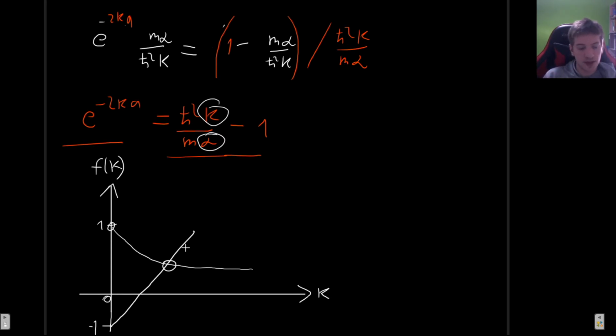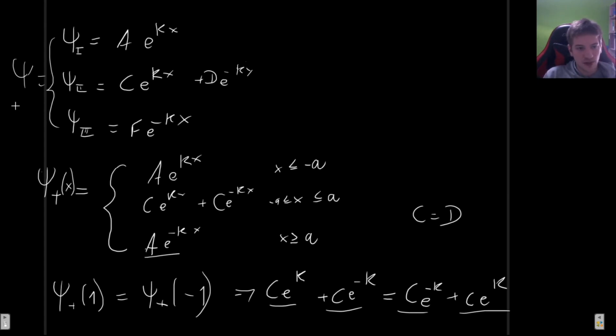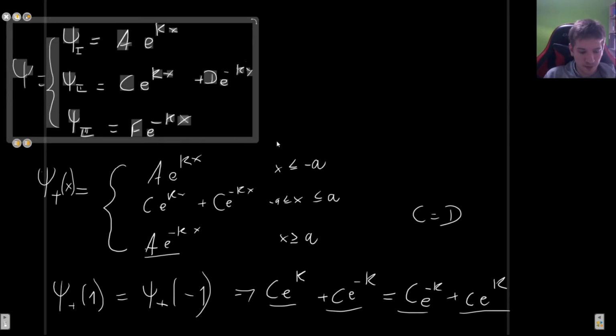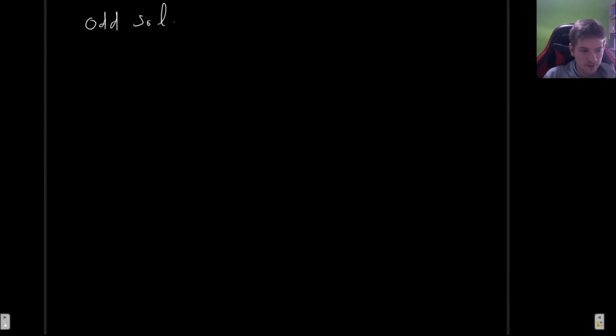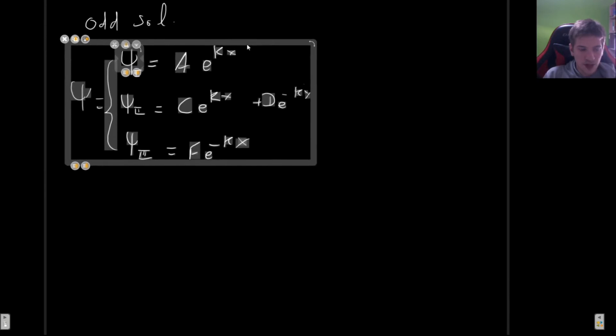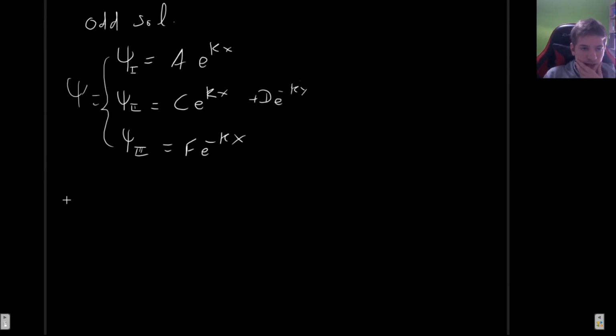Now we have to repeat this process for odd solutions. So now come odd solutions. In this case, let us just go back to our original wave function here. Now we want to build some sort of odd solution.